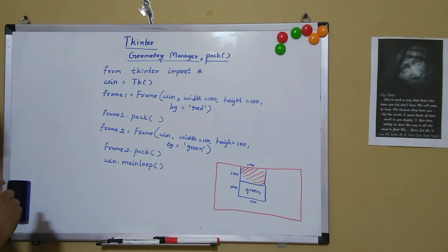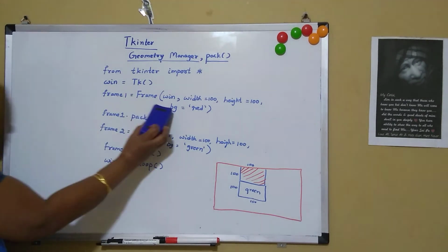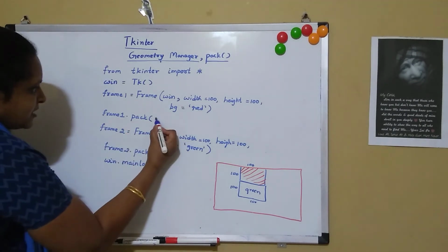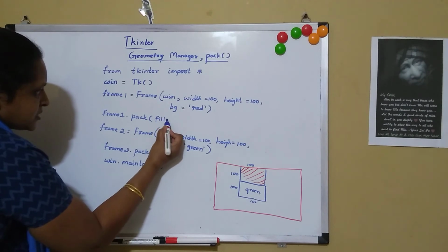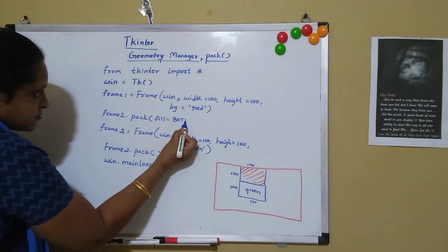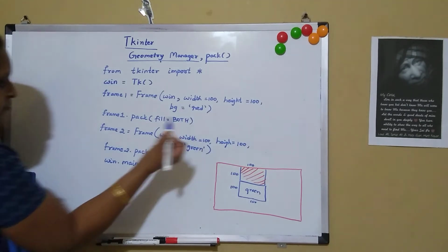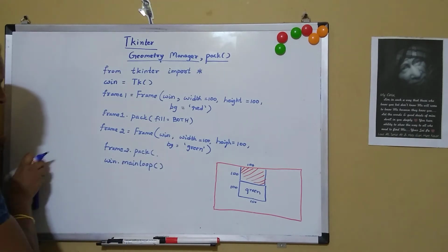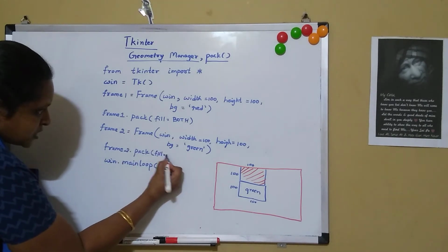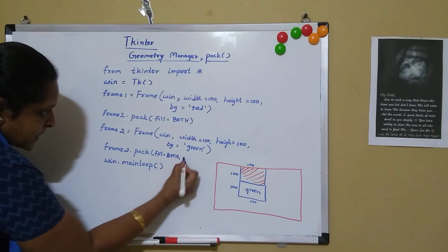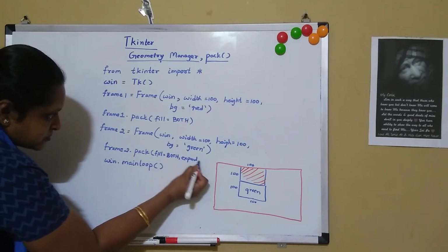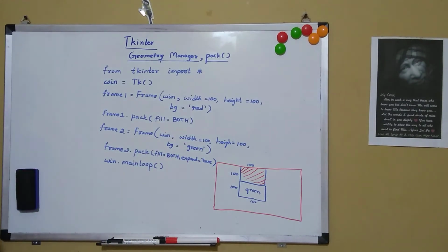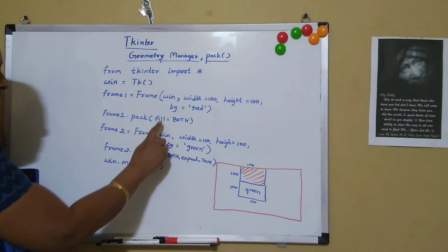And now if I give the pack parameters, if I give fill equal to both, and here also let me give two parameters, that is fill equal to both and expand equal to true. So when I give these particular statements, it will fill both horizontally and vertically.